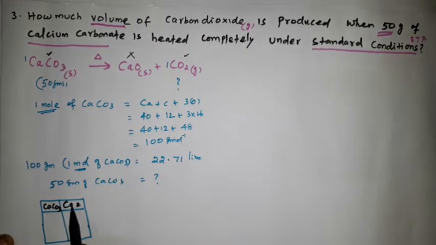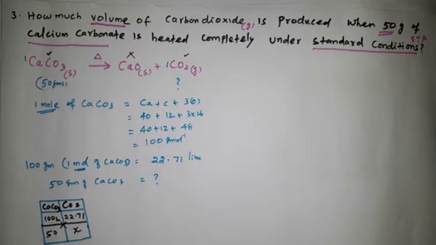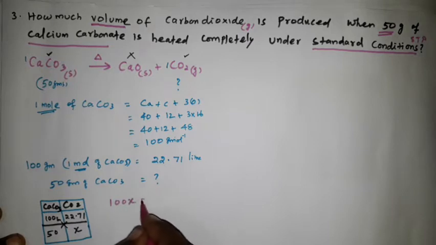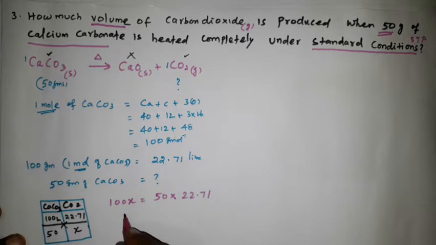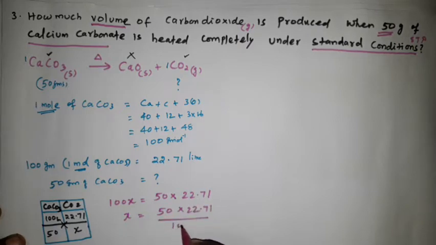So CaCO3, CO2. 100 grams will produce 22.71 liters. Then 50 grams will produce how much? Keep that as X. Then make cross multiplication. So 100x equals 50 into 22.71. X equals 50 into 22.71 divided by 100.